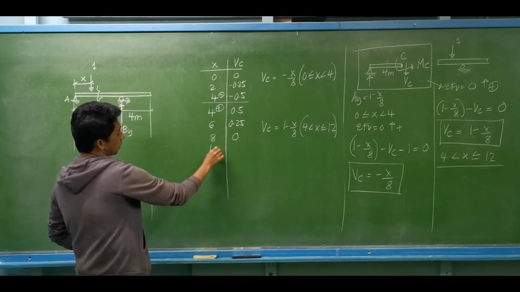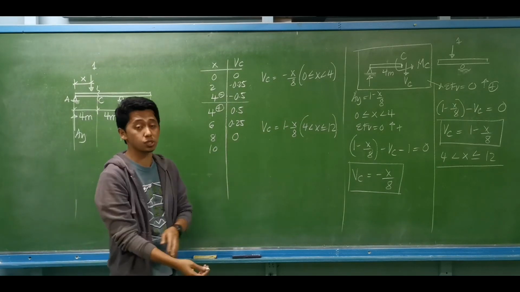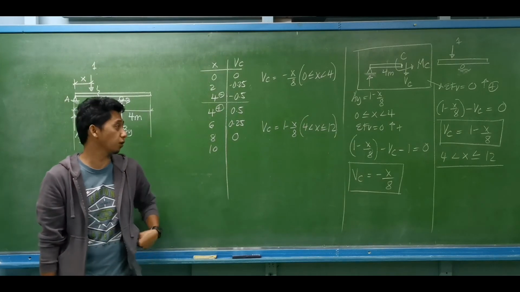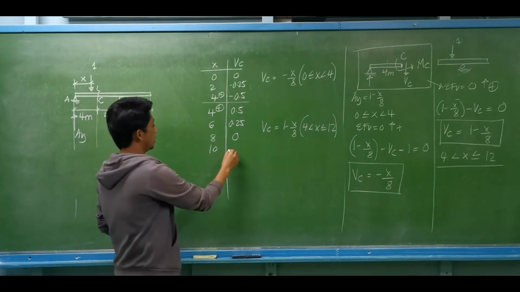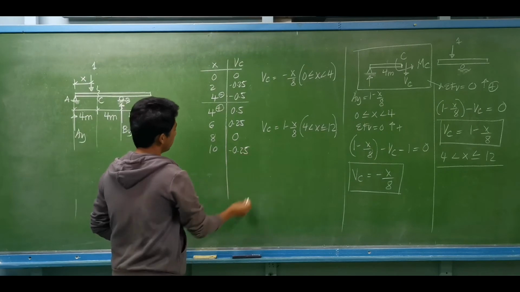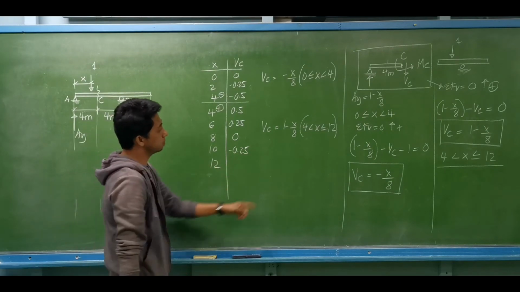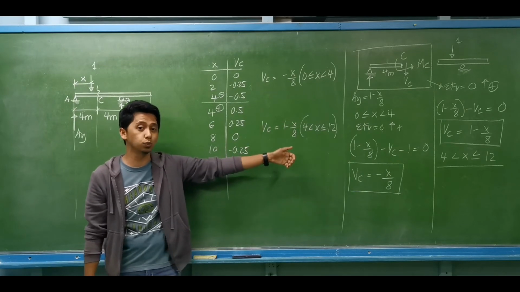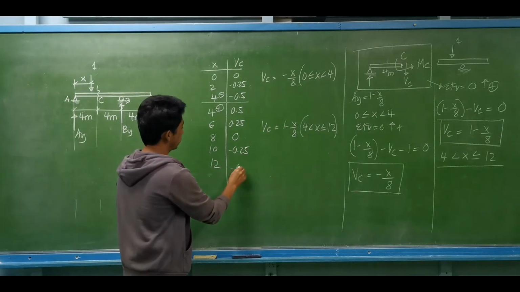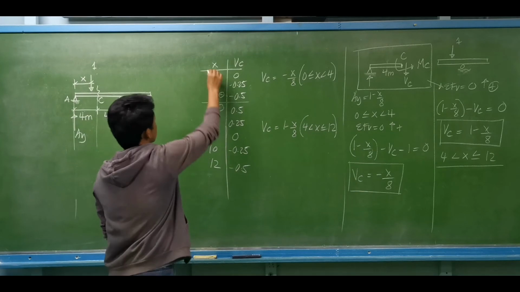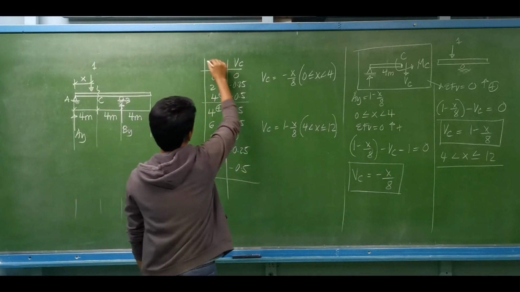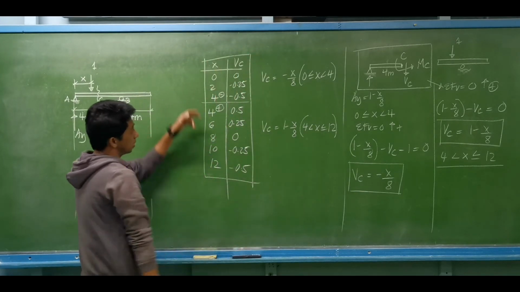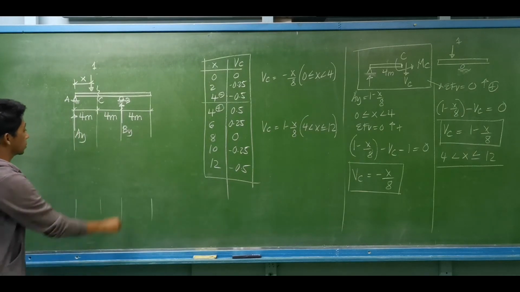At x is equal to 10, what is 1 minus 5 over 4? 1 minus 1.25 is negative 0.25. At x equal to 12, 1 minus 12 over 8, that is 1 minus 3 over 2, that is equal to negative 0.5. So this will be the corresponding equivalent of the shear at C for the various values of x.